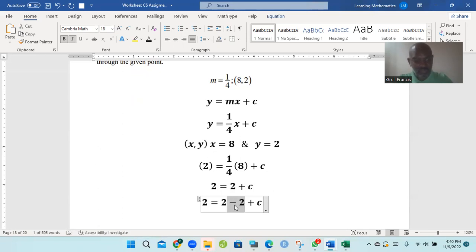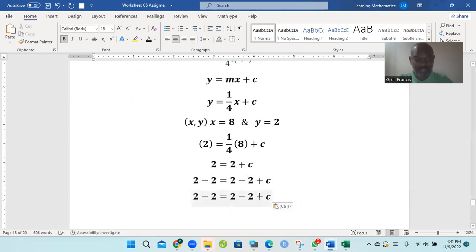If we subtract 2 on the right, we have to subtract 2 on the left. 2 minus 2 is 0. So what we are left with is c is equal to 0. This means that the line passes through the origin, right where the two axes meet.